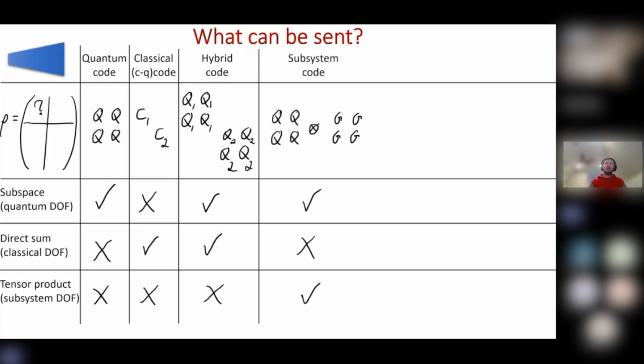Hybrids, and then subsystems are the ones where you take some of your logical qubits and you assign them as gauge qubits, meaning qubits that you don't use for logical storage, but you are free to manipulate as you wish.